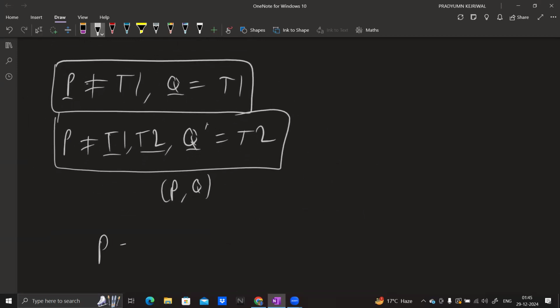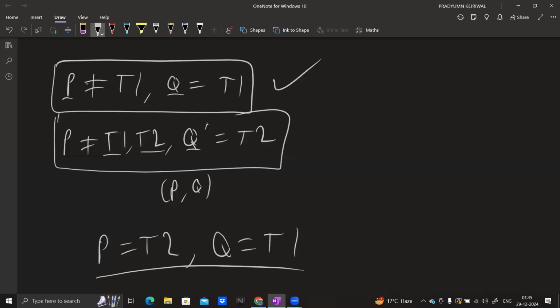when P is type 2 and Q is a leaf, which is type 1, then what you can see is that this is satisfied in this case, and also this is satisfied because Q dash is just the next node.